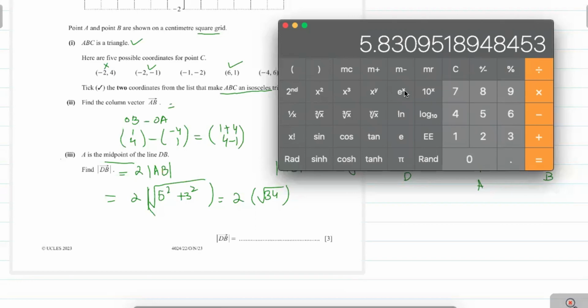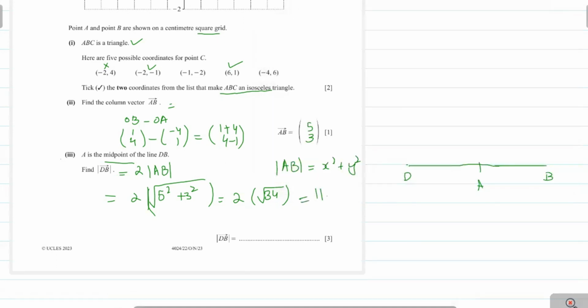The square root of 34 is 5.83, multiplied by 2. This value will be equal to 11.66, and we write here 11.7 as the answer.